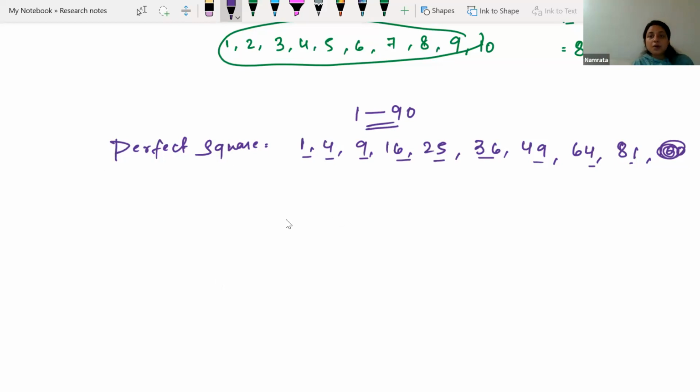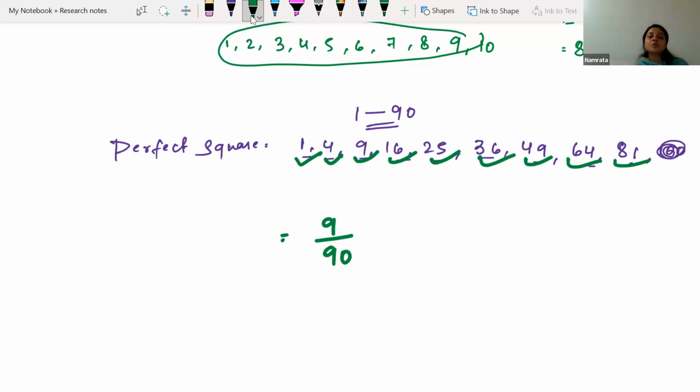How many favorable cases are there? 1, 2, 3, 4, 5, 6, 7, 8, 9 out of 90. And that is the probability of getting a perfect square. Is it clear? Yes, ma'am.